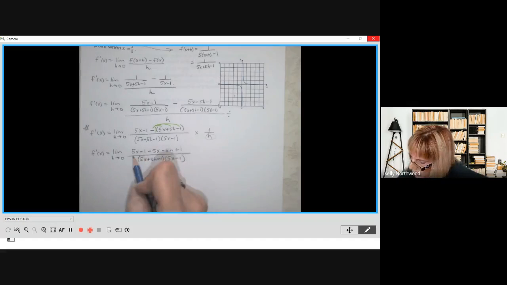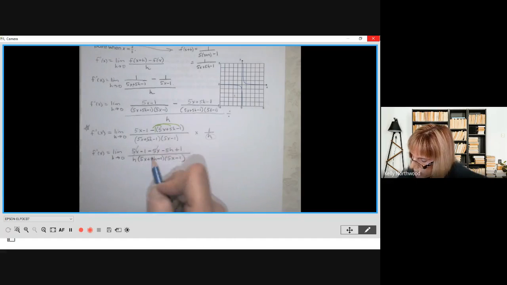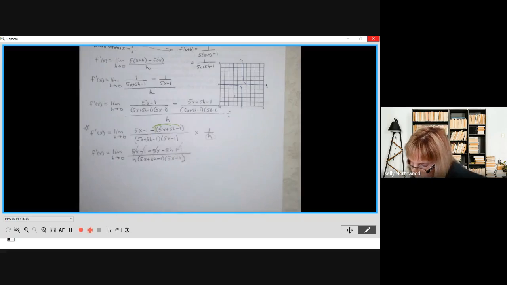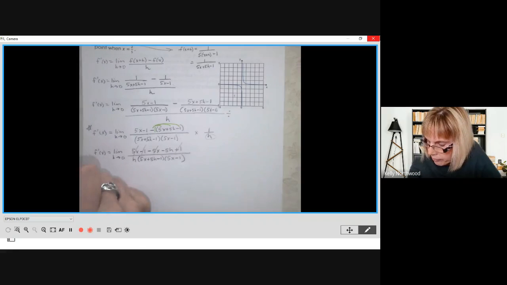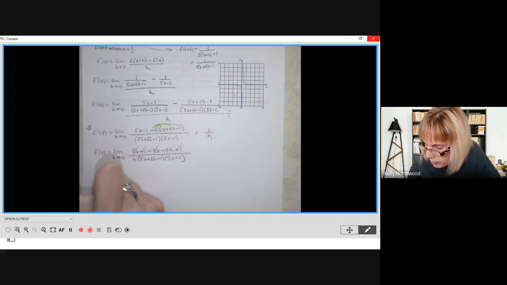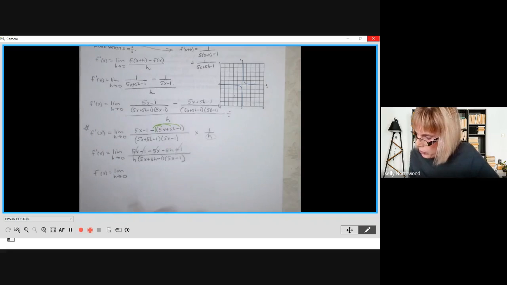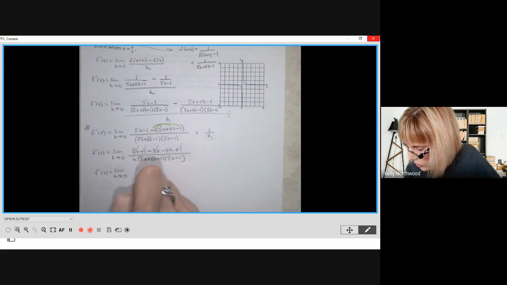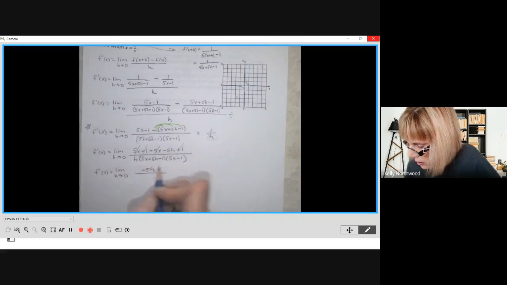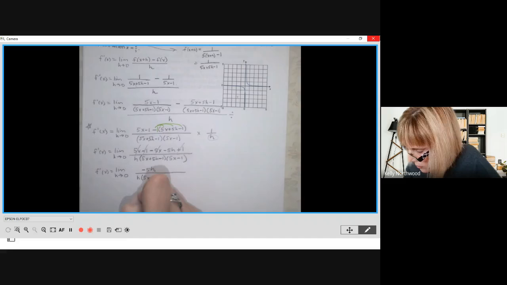So it does turn out that way because I have 5x minus 5x and negative 1 plus 1. So all I'm left with in the numerator is negative 5h. And in the denominator, I have 3 terms here.